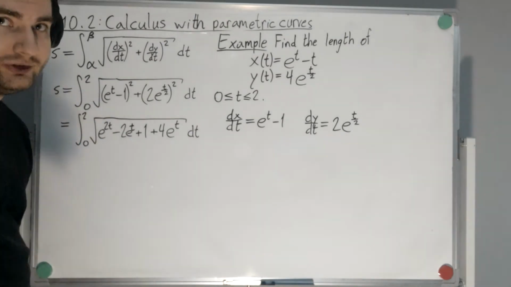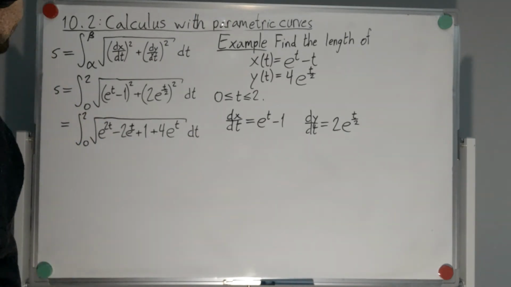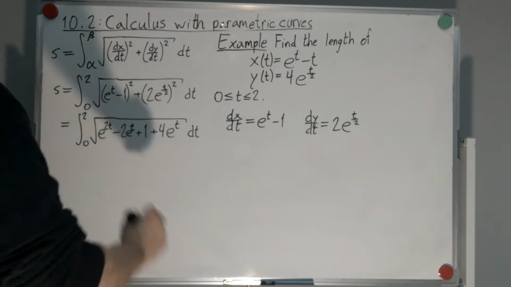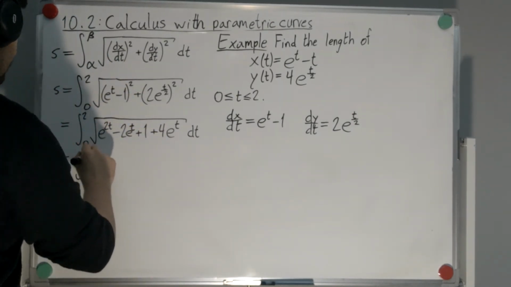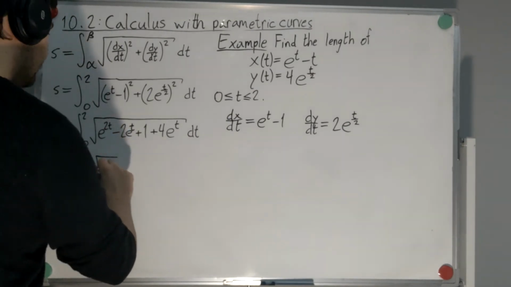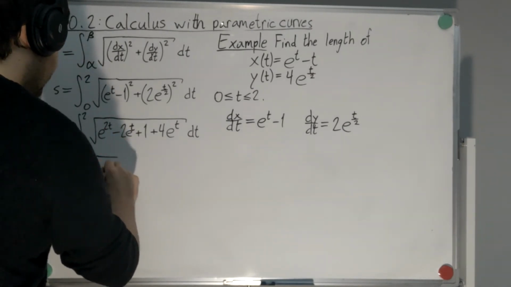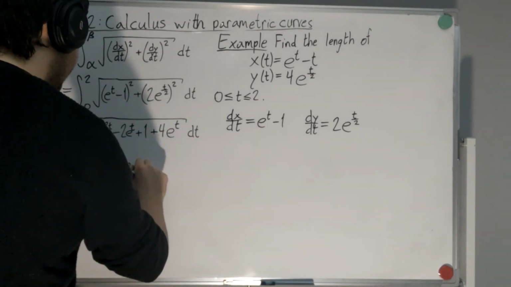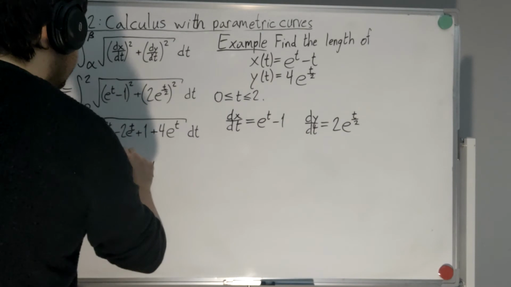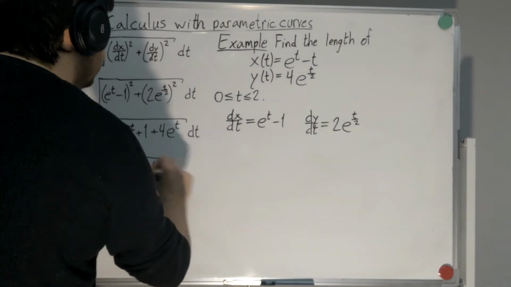So t over 2 times 2 is just t. You combine some like terms here, and this becomes the integral from 0 to 2 of the square root of e to the 2t plus 2e to the t plus 1 dt.